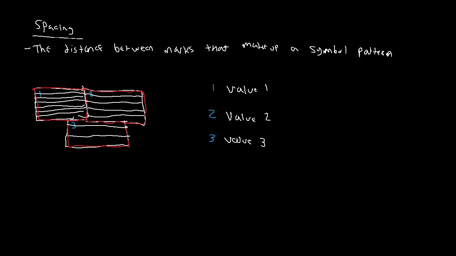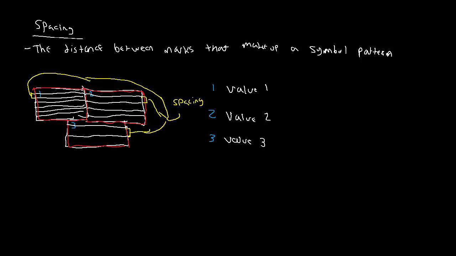So the distance between consecutive lines in the symbols, that is spacing. Having the symbols in the pattern be closer together versus farther apart, that is how we represent spacing as a visual variable.